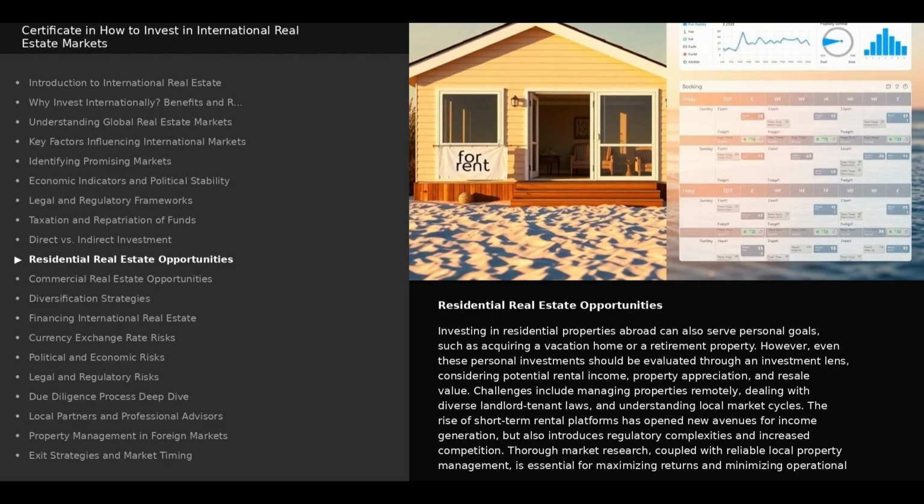The rise of short-term rental platforms has opened new avenues for income generation, but also introduces regulatory complexities and increased competition. Thorough market research, coupled with reliable local property management, is essential for maximizing returns and minimizing operational headaches in international residential real estate. Careful planning is key to success.